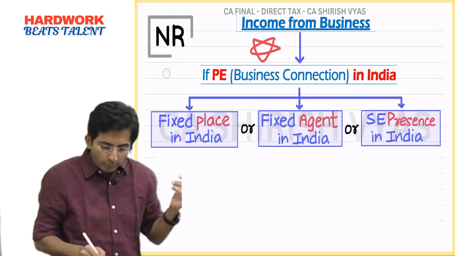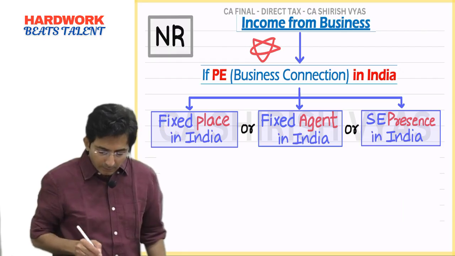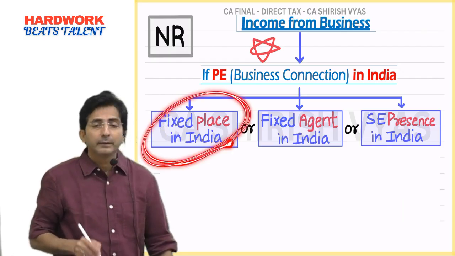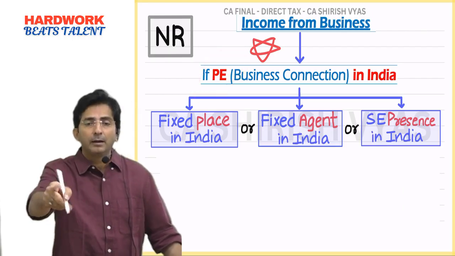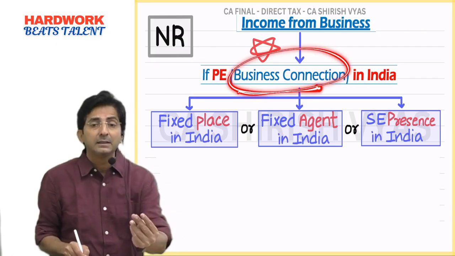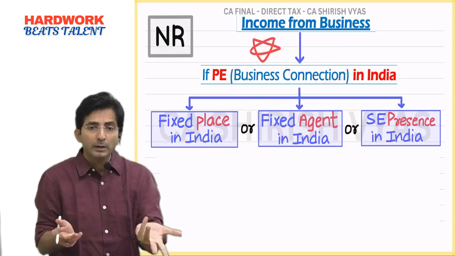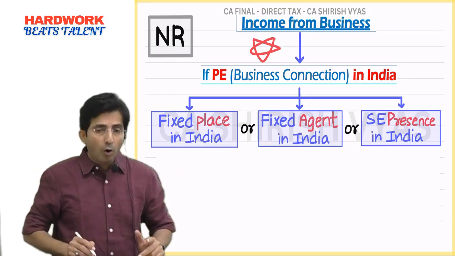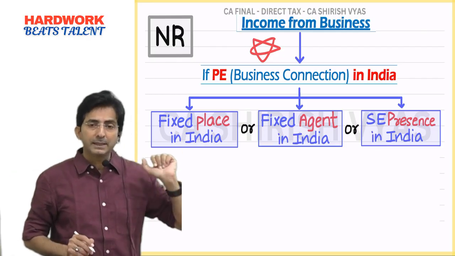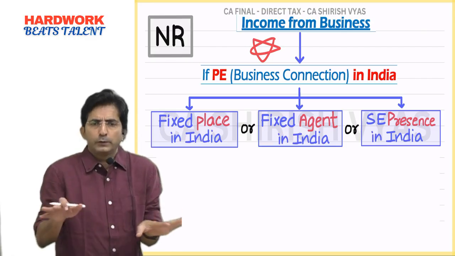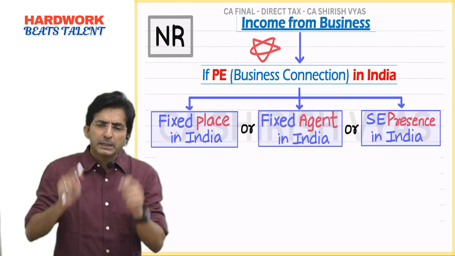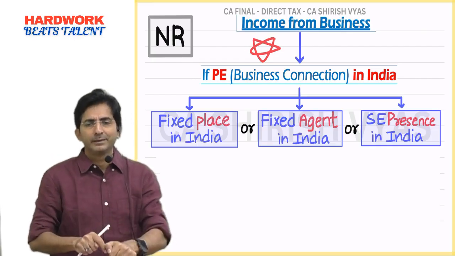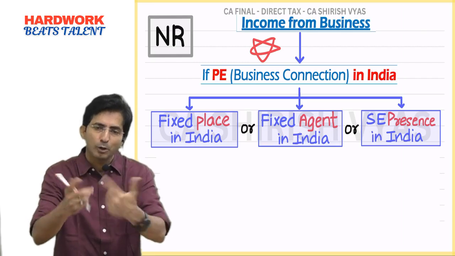If that Singaporean person has a fixed place in India, then we say you have a PE in India, or we also call it you have a business connection in India. So what? Income accrued in India. Or if that Singaporean guy says, I don't have any office in India, but I have a dedicated agent who sells goods for me in India, so having a dedicated agent is also a PE in India.